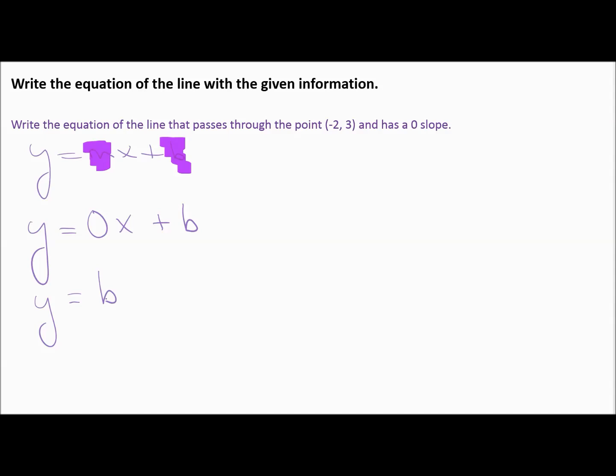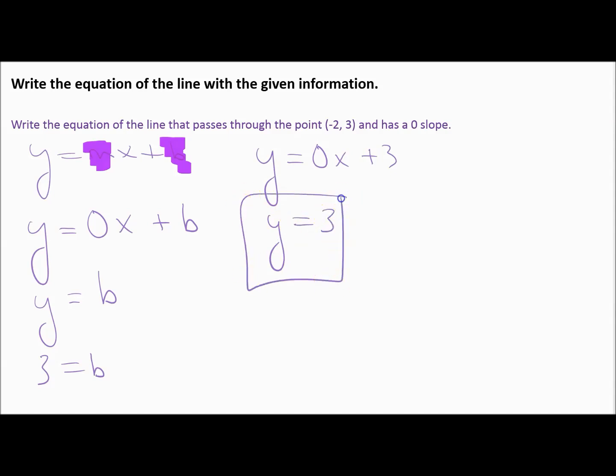Okay, now we can go from here. We do have a y value. It's 3. So that says 3 equals b. And we can go right to our final result. So back at the top, y equals 0x plus 3, or y equals 3. I know that looks weird, but that's what happens when you have a 0 slope.